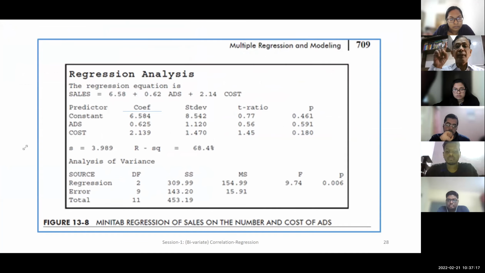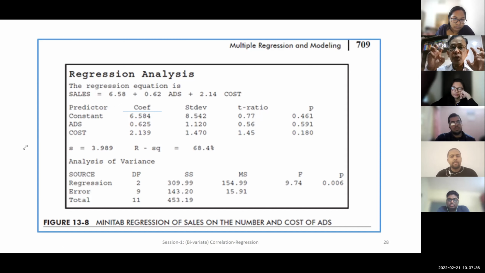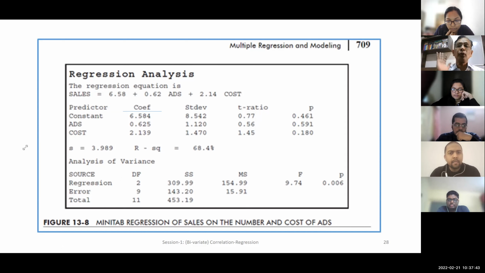You recall, the first factor had over 61%, the second factor had over 67%. Combining both, it is hardly 68%. It is not going up. What has happened? If this type of situation happens, all of you should think that there is a multicollinearity defect here.